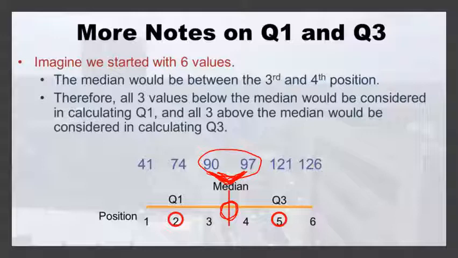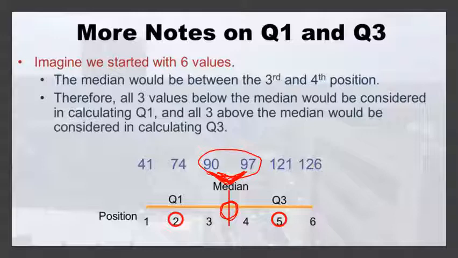Remember in the first one, we had a nice clean odd number data set, and that median did not get to double dip. We got to cross out that median number, and it was not used again when looking for your Q1 or your Q3.